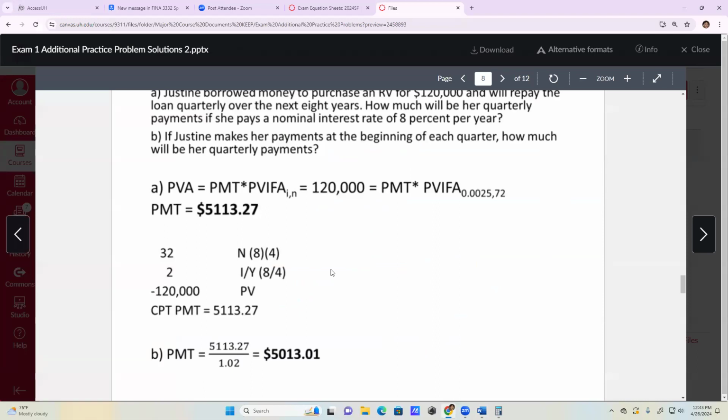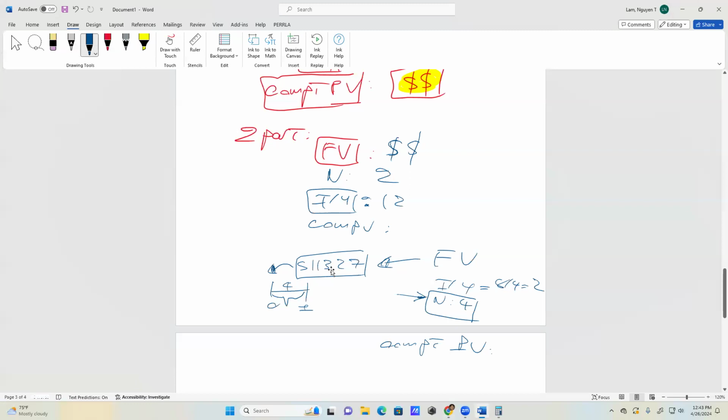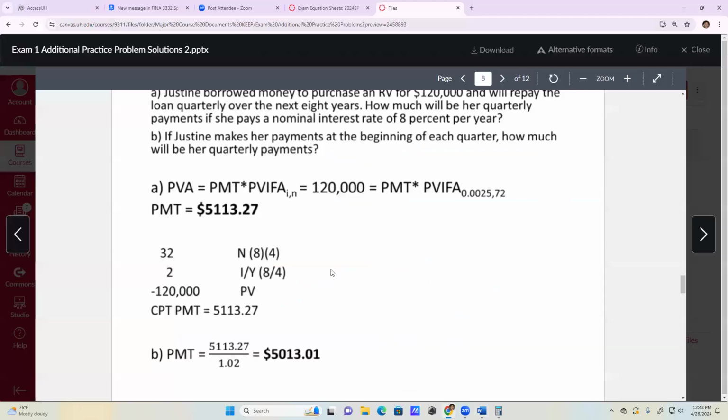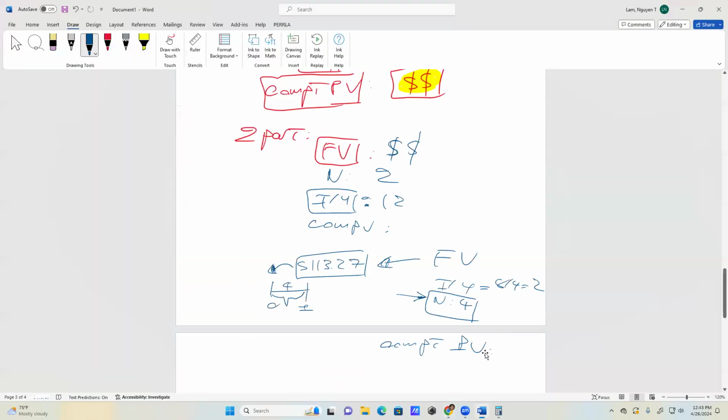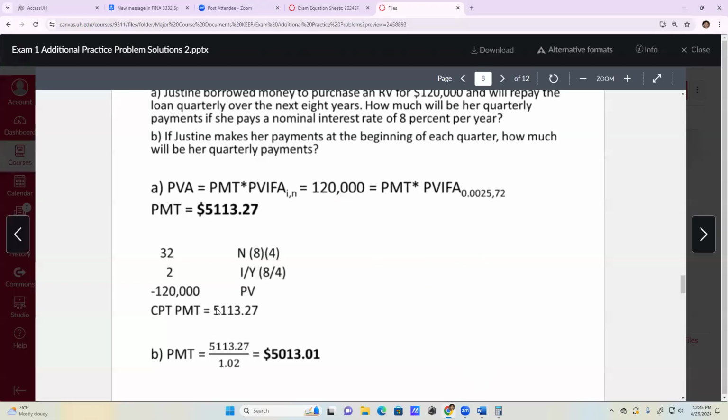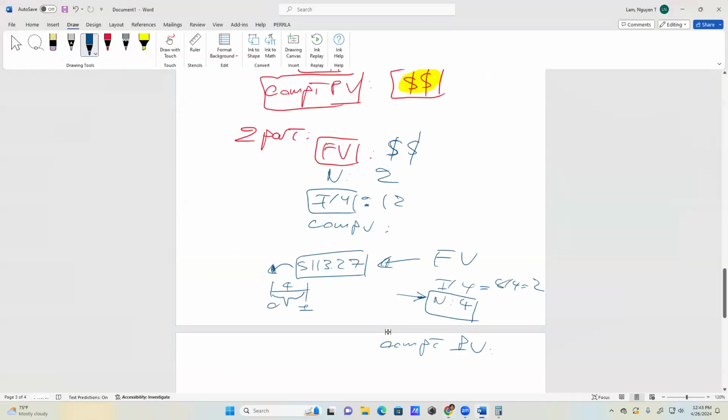I don't think the negative will be a problem though. If you put the payment as a negative, then you will have the PV as a positive value. If you put a positive instead in the payment, it's going to be negative.